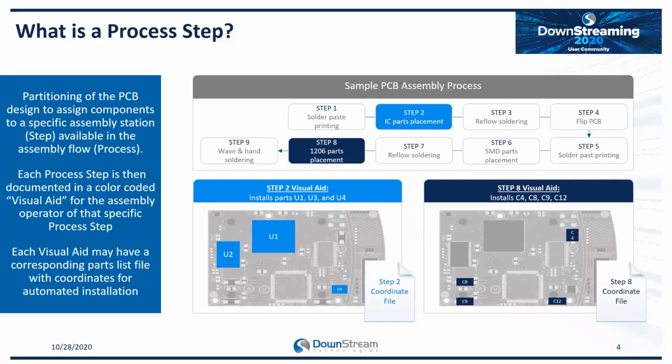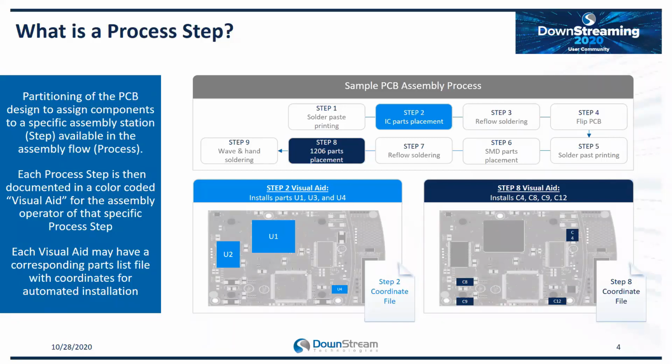We then may do through-hole components and then go through wave and hand soldering. There may be multiple steps or equipment in a step for SMT parts, depending on how a company defines it. It's not just one machine.